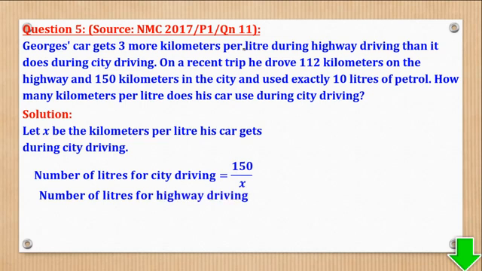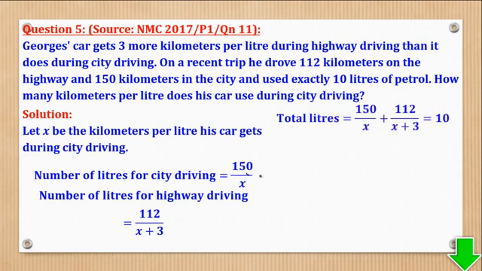Remember they said he gets 3 more kilometers per liter. So it will now become X plus 3 here. Therefore, the total liters will be this plus this. But I said the total liters is 10. That's why you equate here to 10. Then you can get an equation.